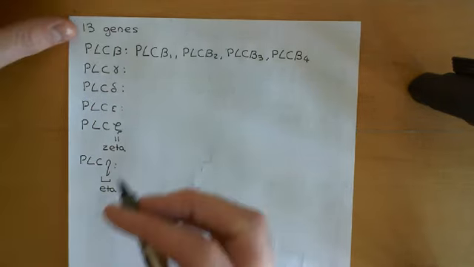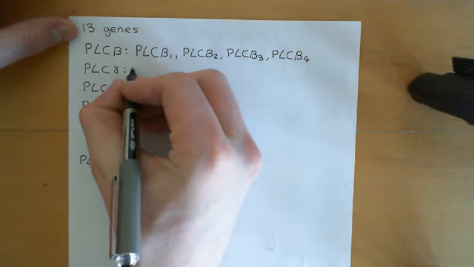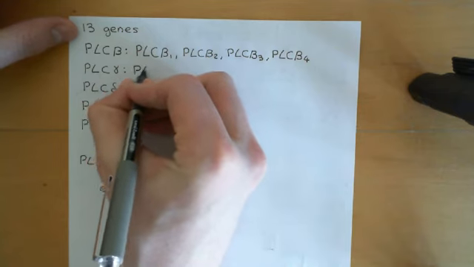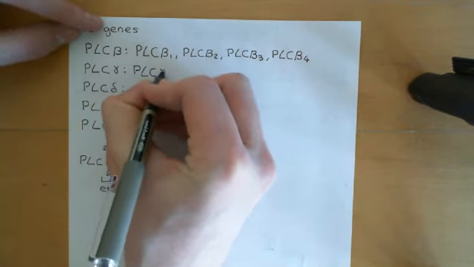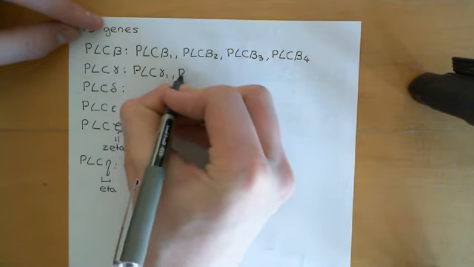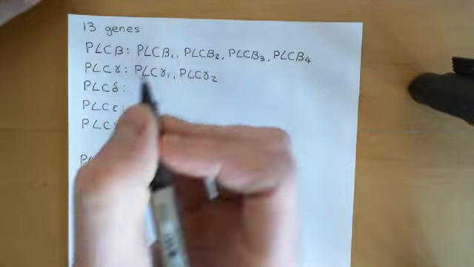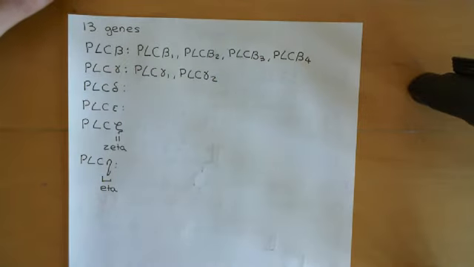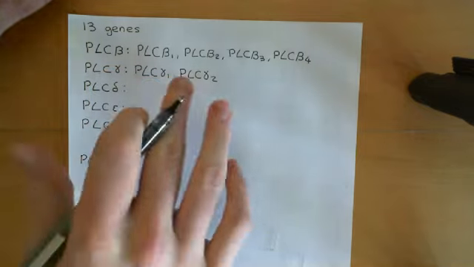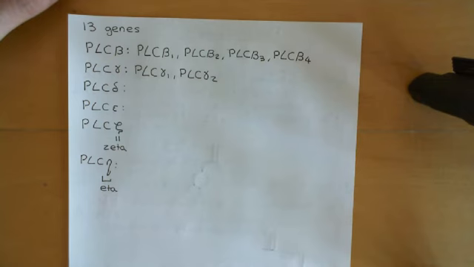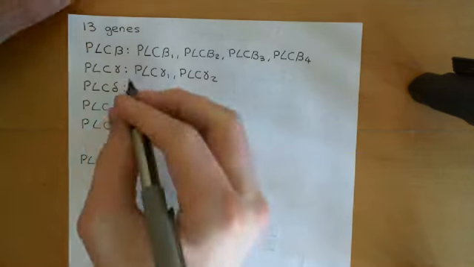Next up, phospholipase C gamma enzymes. There are 2 members here, phospholipase C gamma 1 and phospholipase C gamma 2. These are the ones activated downstream of receptor tyrosine kinases, as we'll see later on. That's what they're famous for, although there is another mechanism by which you can activate phospholipase C gamma 2, which we'll discuss as well.